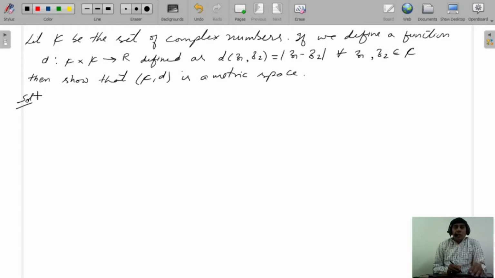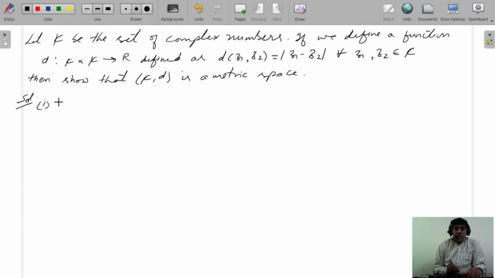Third, symmetric property, that is d(z1, z2) is always equal to d(z2, z1). And the fourth, triangular inequality. We will prove all these properties one by one.